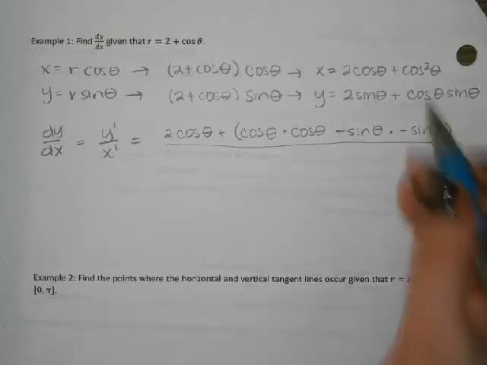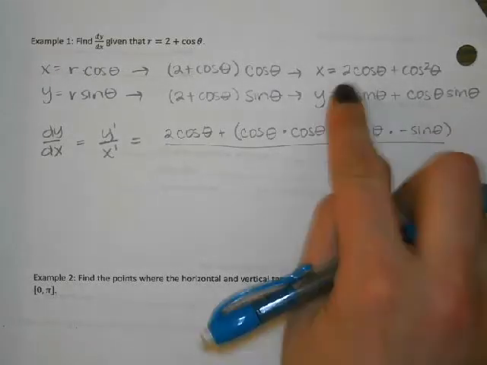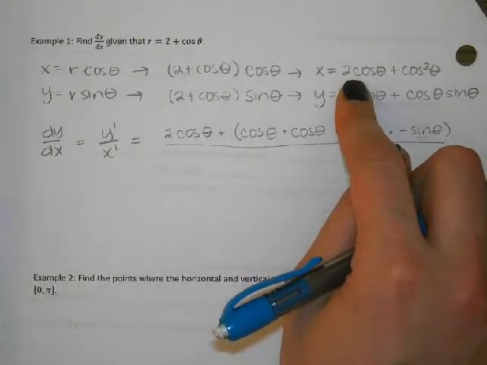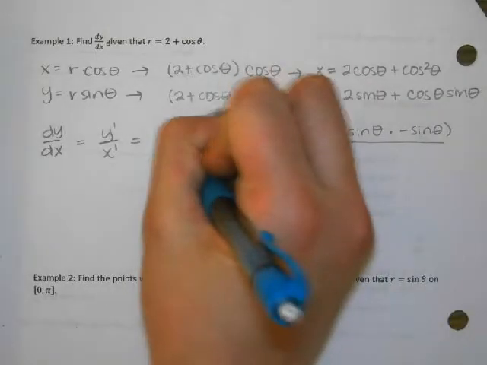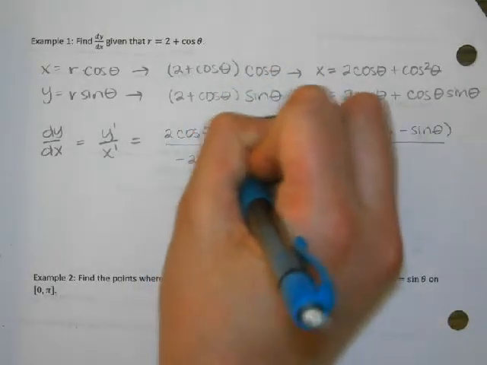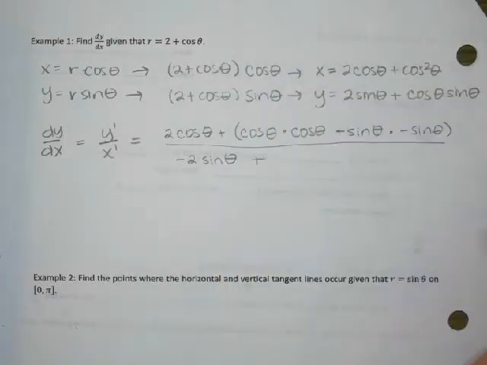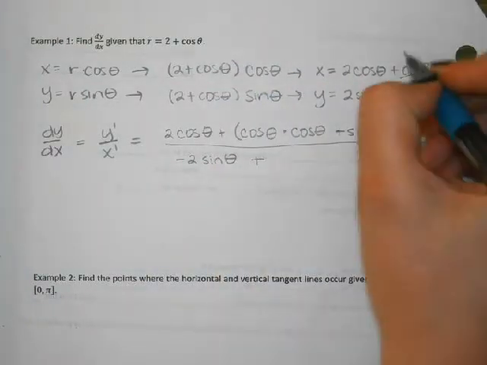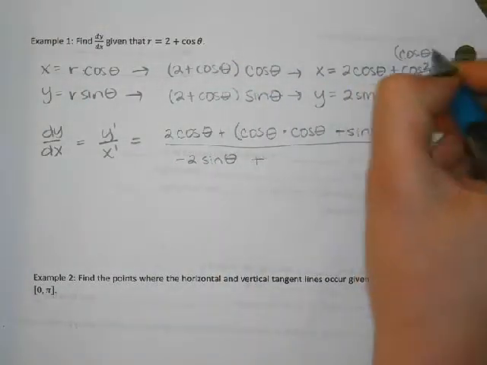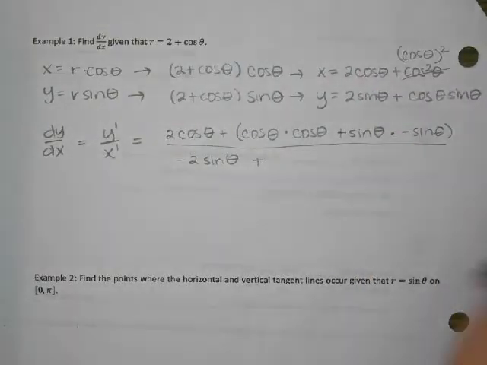And then we have x prime on the bottom. So the derivative of 2 cos theta would be negative 2 sine theta plus, and then this I'm going to think of as being cos theta squared. You could do it as cos times cos if you wanted to do a product rule. Or you could do it as cos squared if you want to do the chain rule.